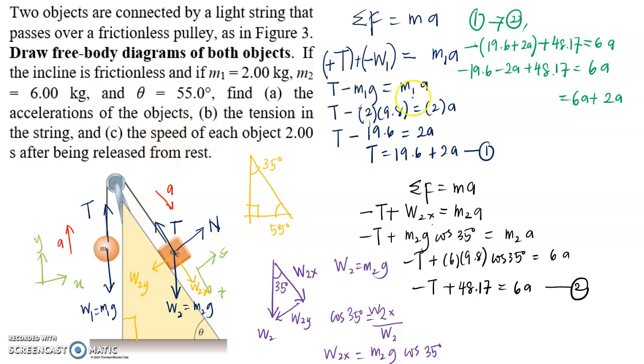So it will be equal to 28.57 equal to 8a. So a is equal to 28.57 over 8. The answer for the acceleration will be equal to 3.57 meters per second squared. So this is our correct final answer for the acceleration of the objects.